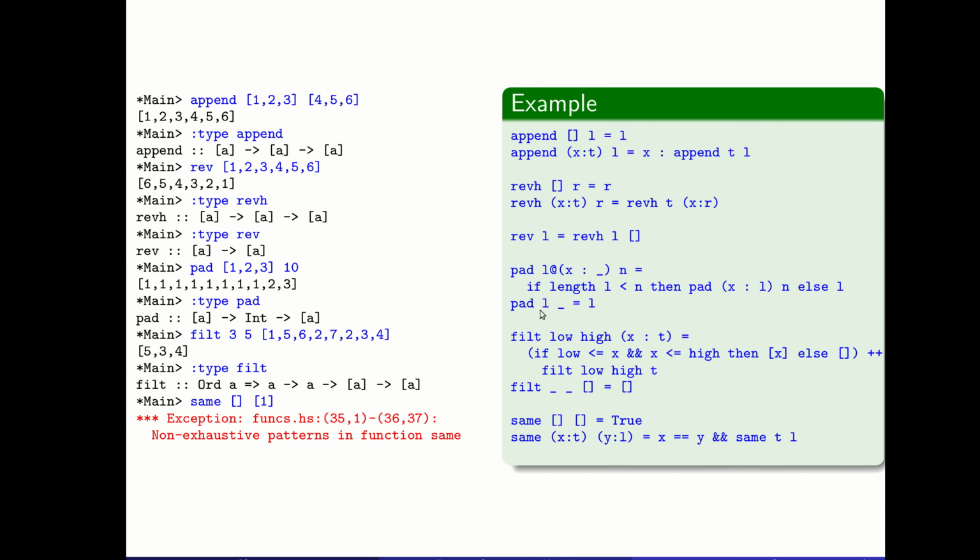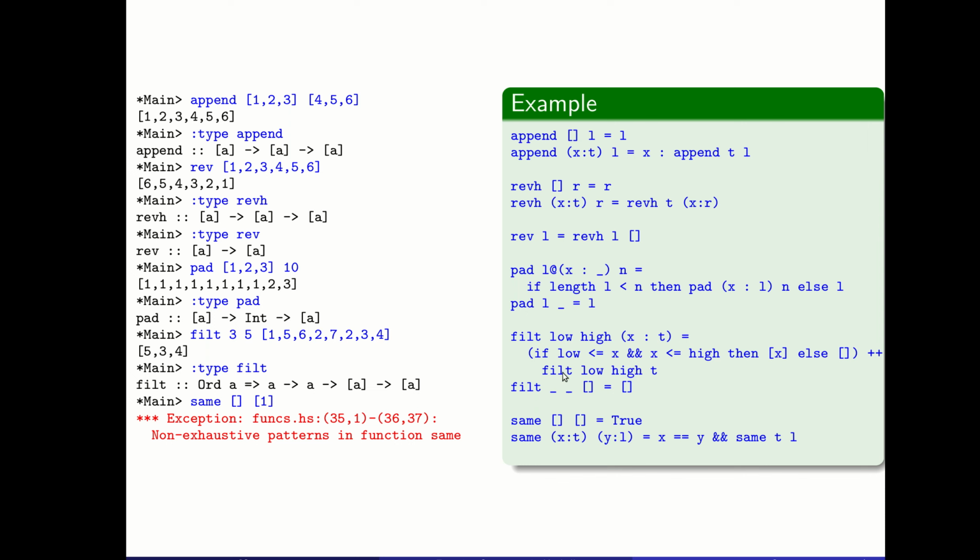Next, we see a filter function that takes some low and high for a range and filters out numbers that are not inside of that range. So if the head of the list, X, is between that low and the high, then we build a singleton list with that. Otherwise, we have an empty list, and then we combine that with the result of recursively calling on the tail.